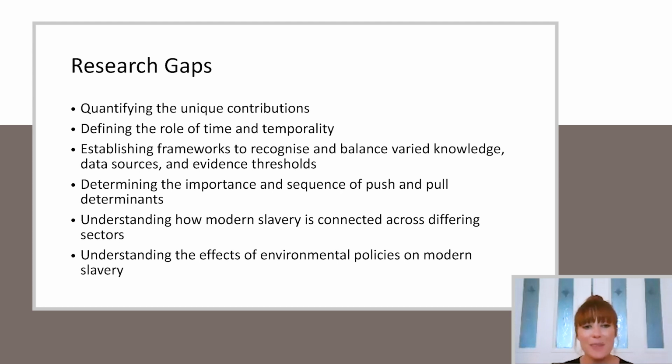And last but not least, something that I'm personally very passionate about is understanding the effects of environmental policies on modern slavery. So often when we're developing environmental policy, we like to protect large swaths of land or ocean, and often countries may not have the capacity to actually monitor those areas. And then are we essentially creating swaths of land or ocean where natural resources might be more abundant or start to rebound, yet have a lack of monitoring?